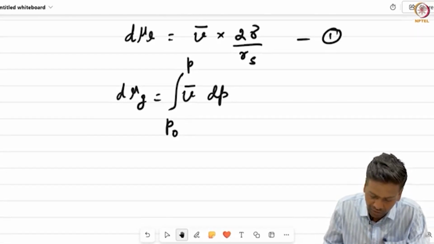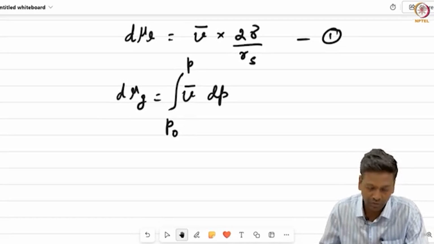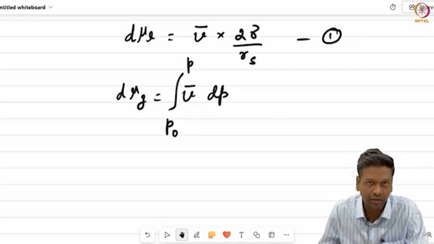And here we also look at our assumptions that we made in the beginning. One of the assumptions we made was ideal gas. The fluid obeys the ideal gas.